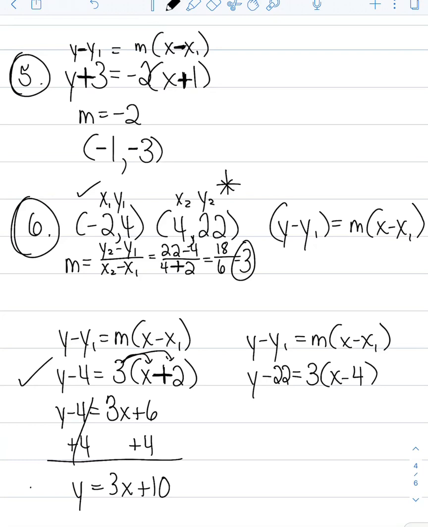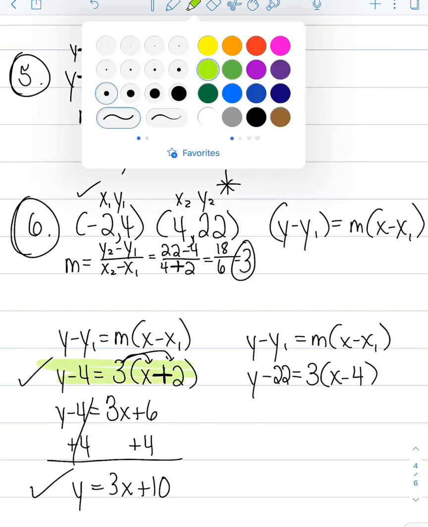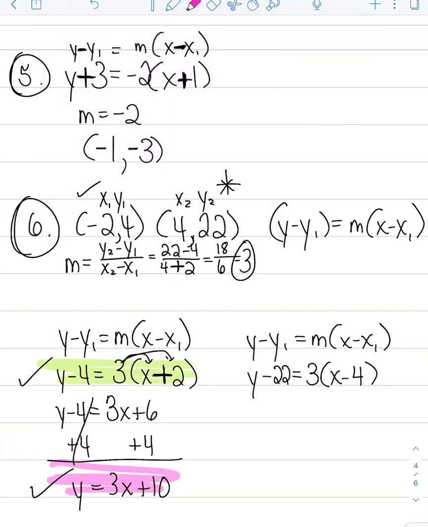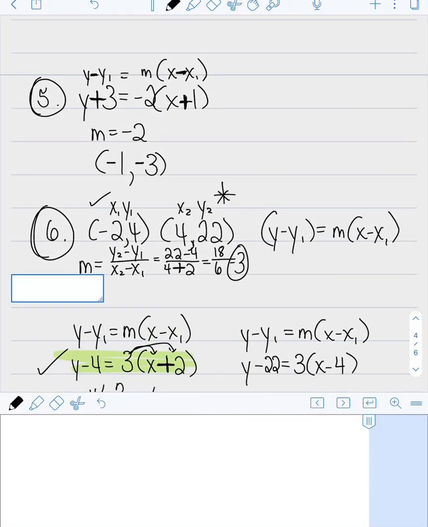So here's point slope, here's slope-intercept form. Watch this. Let's see. Here's point slope. Make sure I do it right. And here's slope-intercept form.